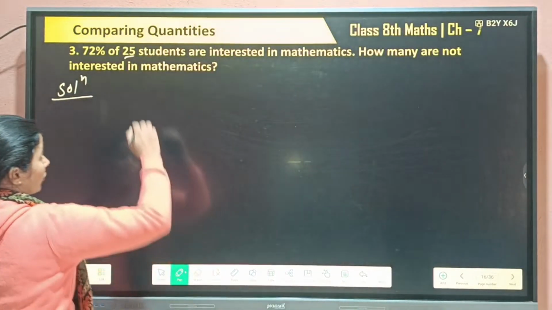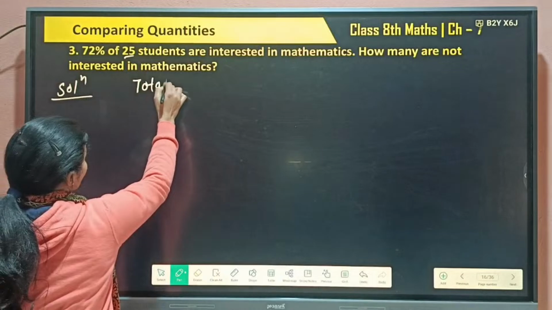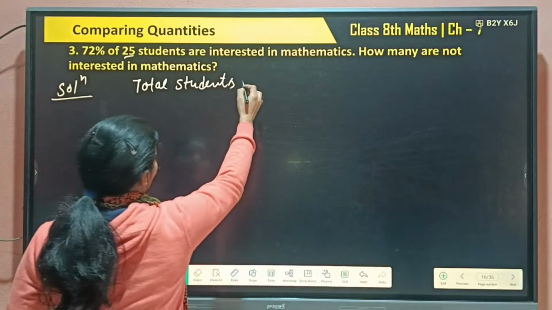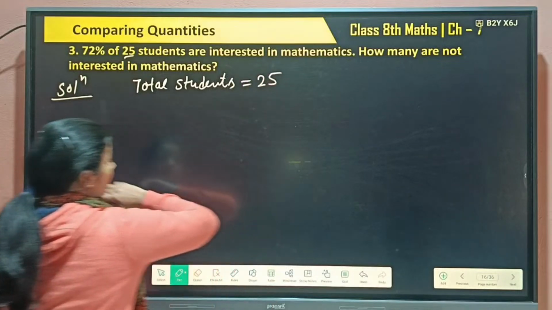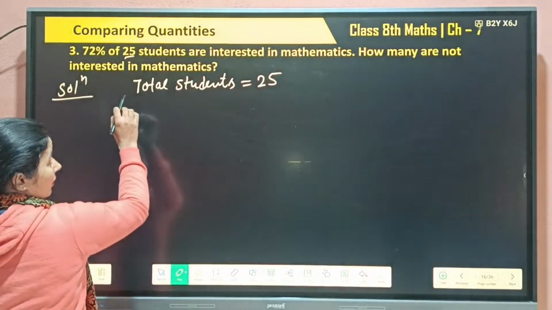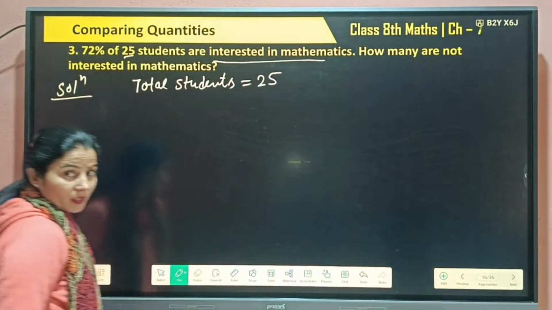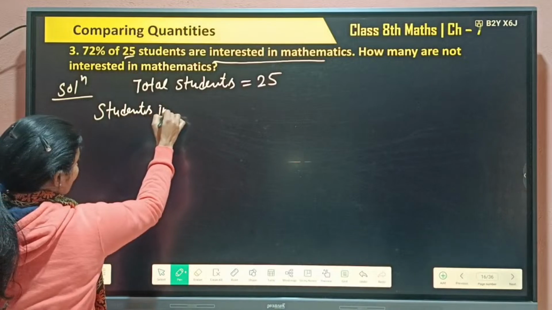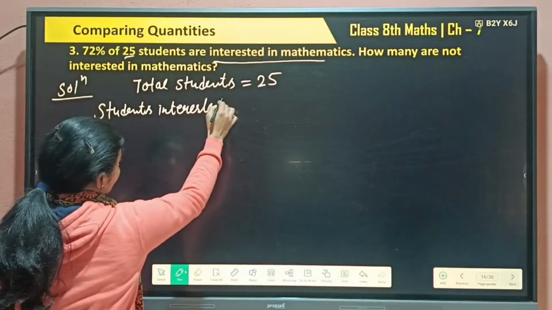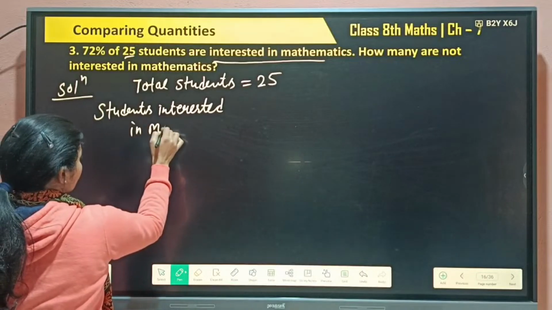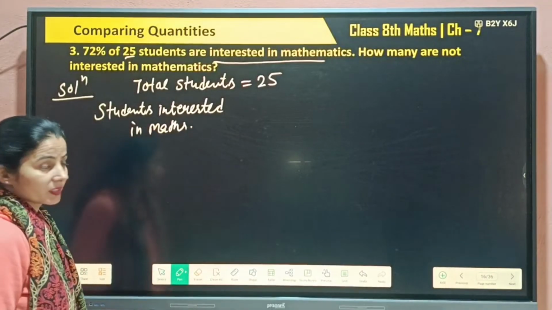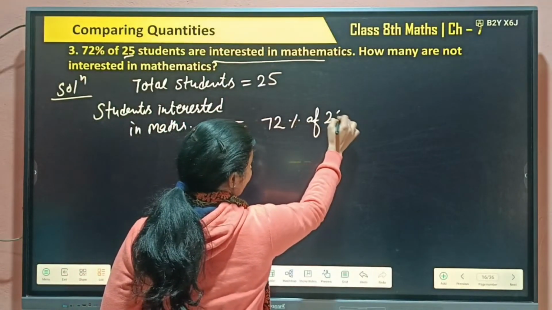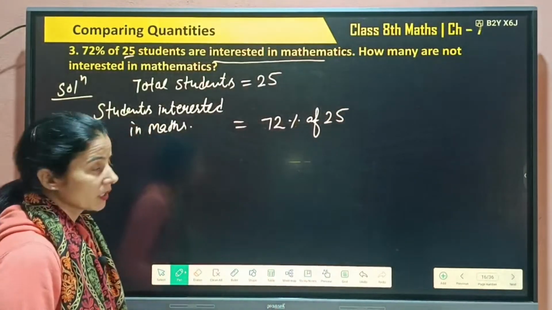First of all, we will write total students. Total students are 25. Students interested in mathematics are 72% of 25.